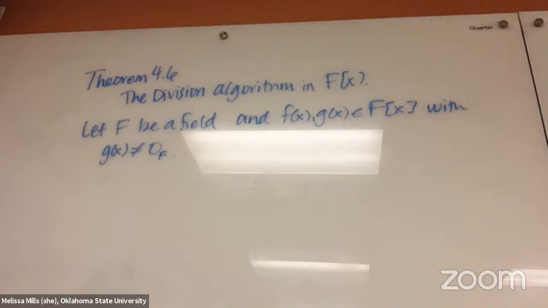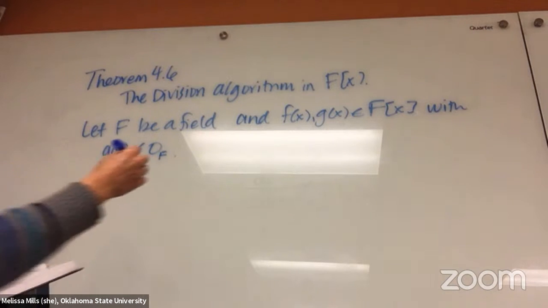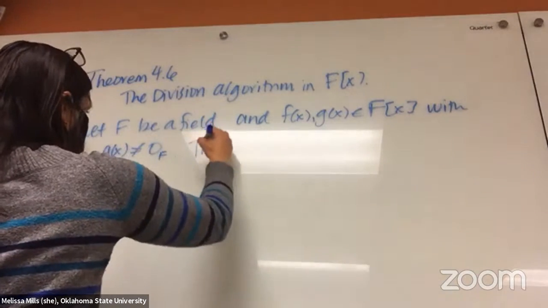Why do you think we'll need that? You're going to basically divide by it. Yeah, we're kind of dividing by g is the idea. So g is going to be our divisor. Okay. Then there exist unique polynomials.